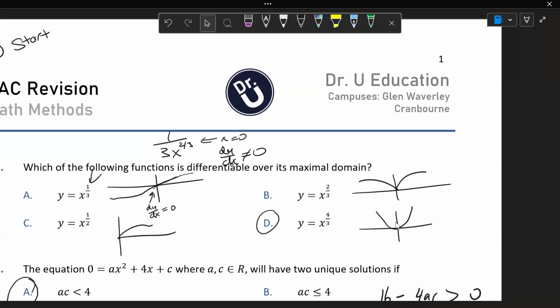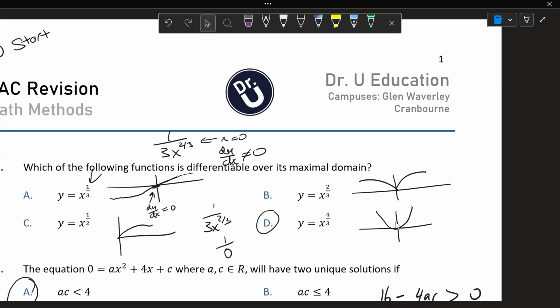So if you graph this, you'll see that a tangent to this will actually be x equals 0 because the gradient at that point is 0. But the thing is, it's not differentiable, because when you substitute x equals 0 into the gradient function, you can't get dy/dx equals 0, because it's 1 over 3 x to the power 2 over 3.